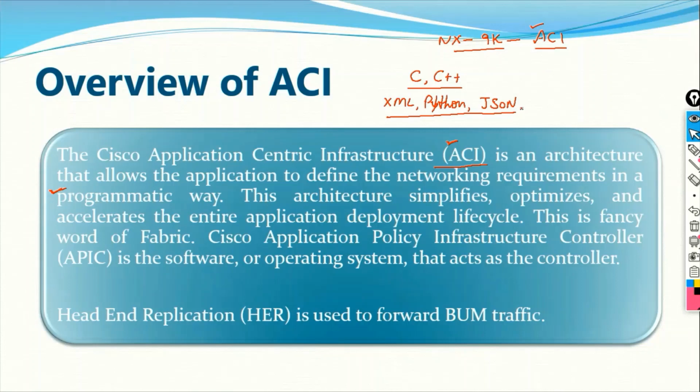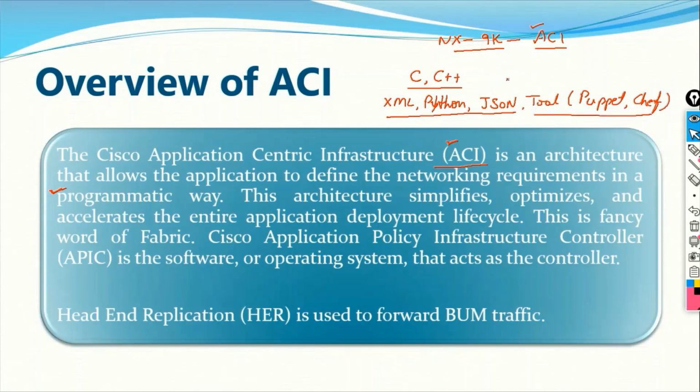We also have some tools in place which we can use. One of the famous tools from Cisco is Puppet or Chef, so we can use these tools to manage it.